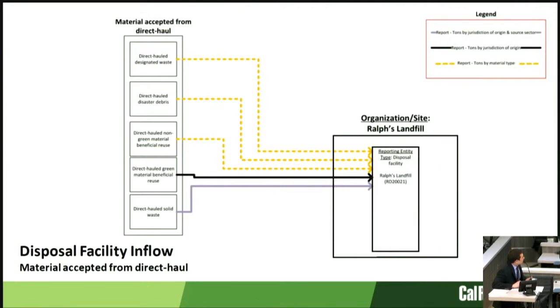That's the organization and site that we'll be dealing with for the next few minutes. The reporting entity type is disposal facility, and the RDRS activity name is the same, because let's just say that's the only thing taking place on the site. There's not additional composting or anything like that, just for simplicity's sake.